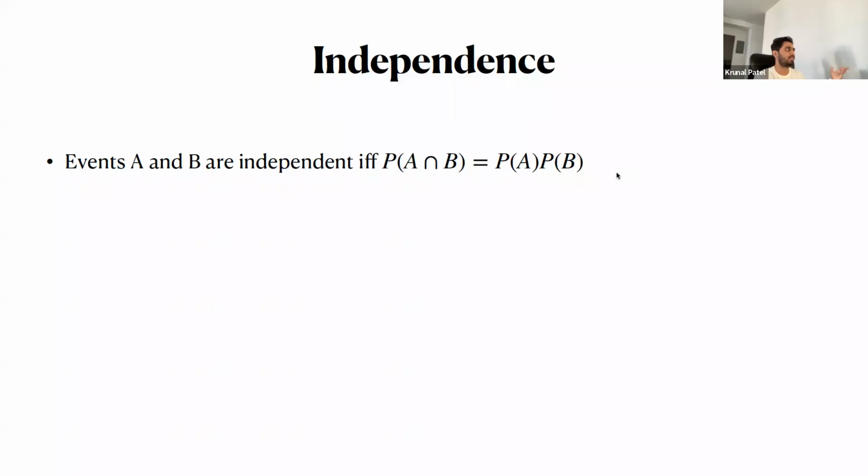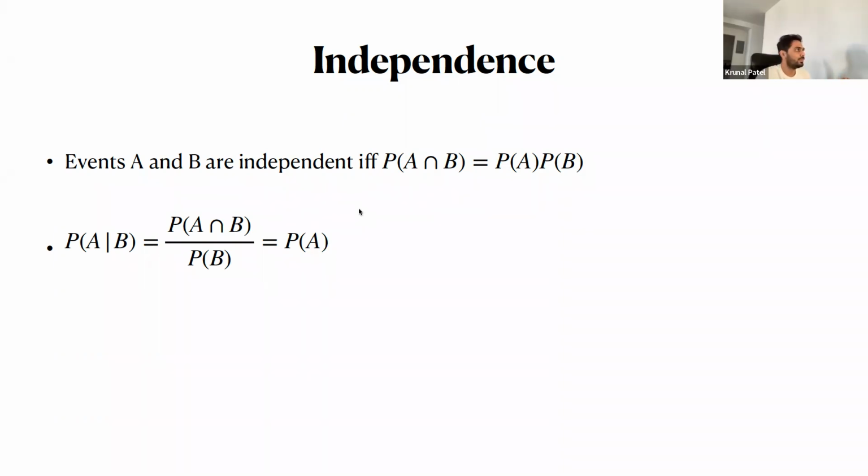If you recall, this was the formula earlier where we had A intersection B on the top. If we substitute A intersection B as A times B, then B will cancel out and we will be left with probability of A. In other words, probability of A given B is the same as probability of A. It doesn't matter whether B is happening or not, because A is independent from B.